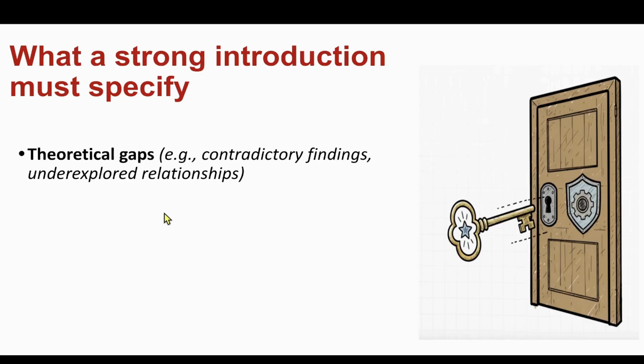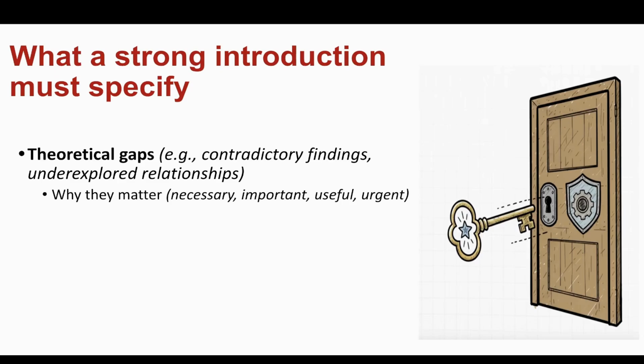We can highlight some theories on which the research is based and how the research is building on the theories. Additionally, we can highlight the contradictory findings or some underexplored relationships which our study is going to build on or contribute to. So the first is theoretical gap. Why do they matter?